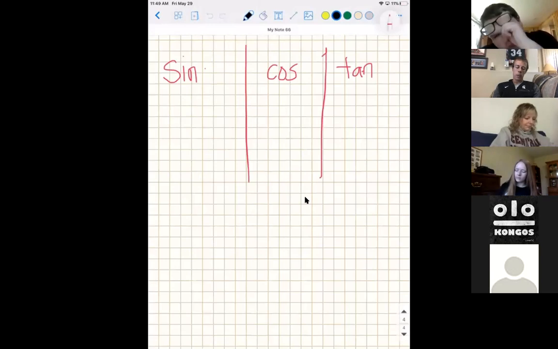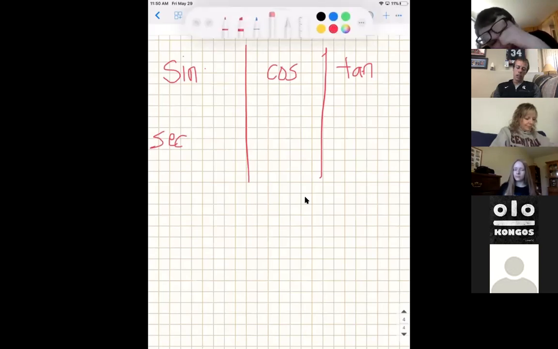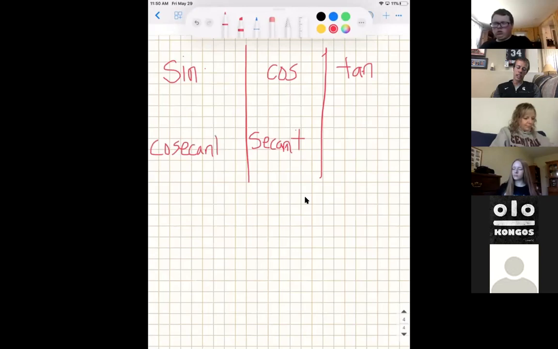What those are called are secant, cosecant, and cotangent. It's just the name of a few other trigonometric ratios.